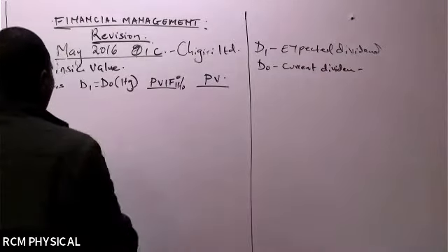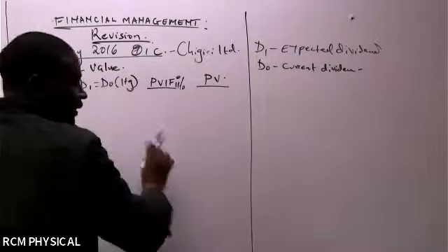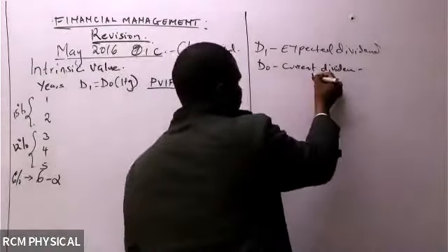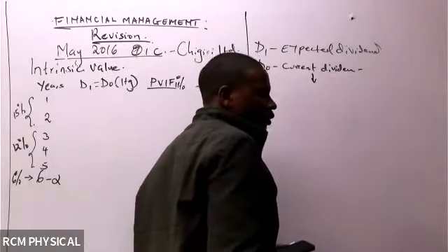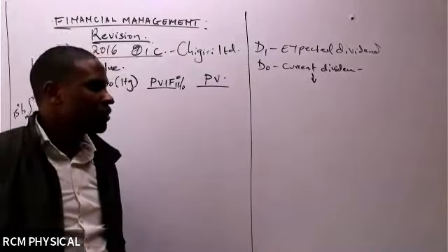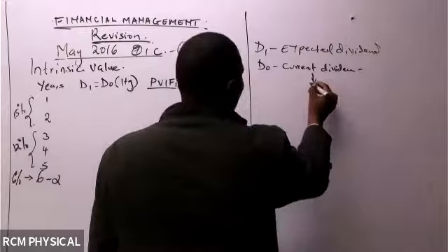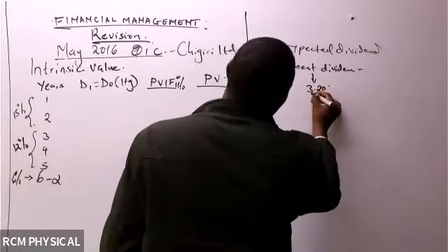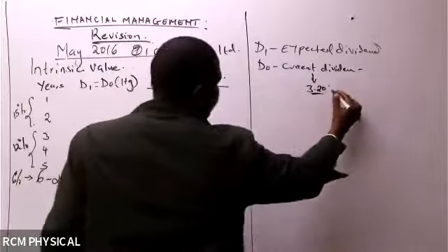So we need to get our D1 and we have our D0. What is our current dividend? It is 3.2. That is our current dividend, and this is what we are growing.